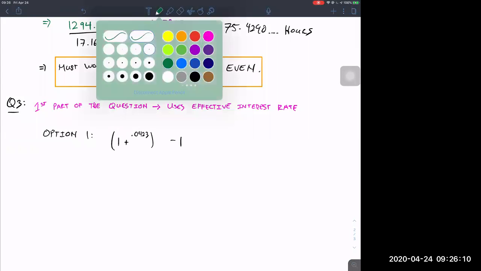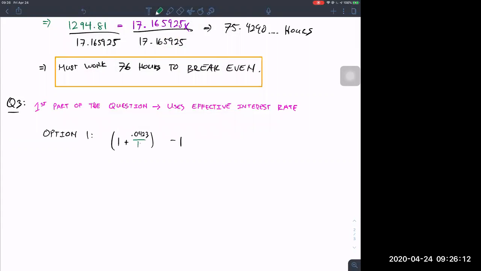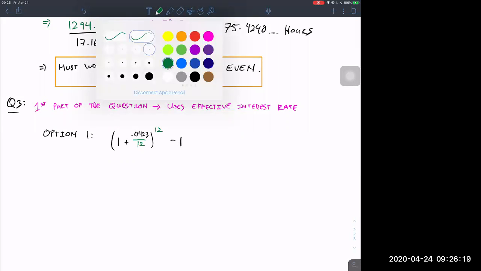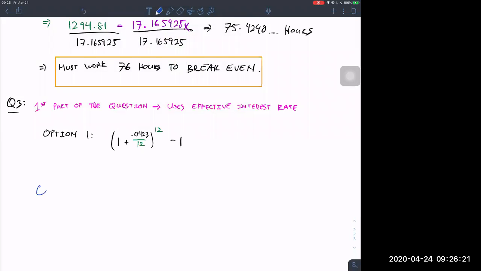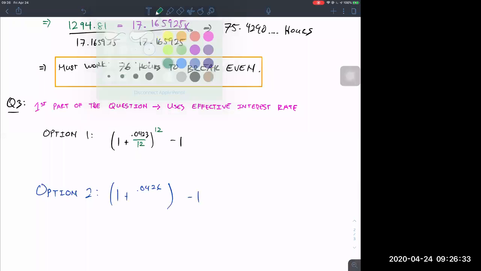I've had students forget that. That was bad. And then remember the compound period is applied there. And then for option 2, you do the same exact thing, but you just have to adjust the interest rate because, well, it's a different option, right? 1 plus 0.0426 minus 1. And this time the compound period is quarterly.